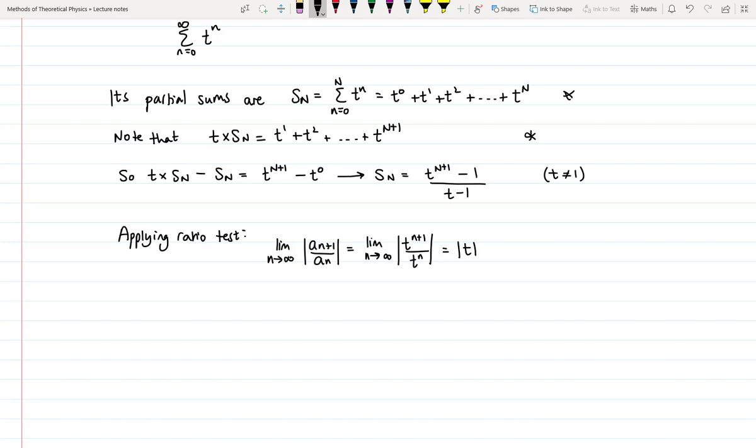Now the ratio test says that a series converges if this limit is less than 1. Therefore, the geometric series converges if the absolute value of t is less than 1.